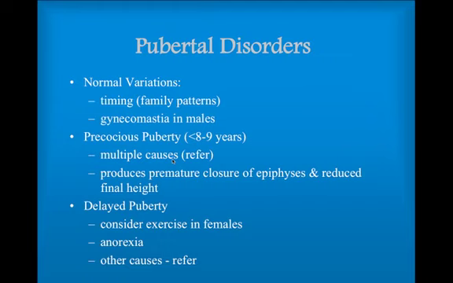Another normal variation that you see is some gynecomastia in boys, and a lot of times this is really troubling for boys. At the onset of puberty, there is an upsurge in the androgens, but also in the estrogens, and this occurs in both boys and girls, so that we see a predominance of the estrogens in girls and a predominance of the androgens, testosterone, in boys.